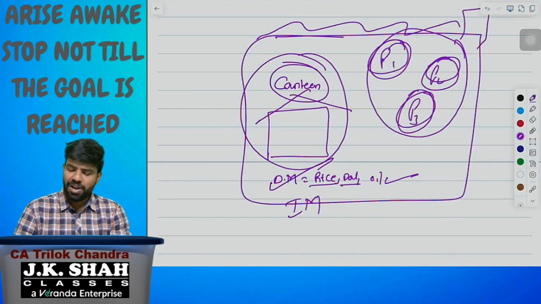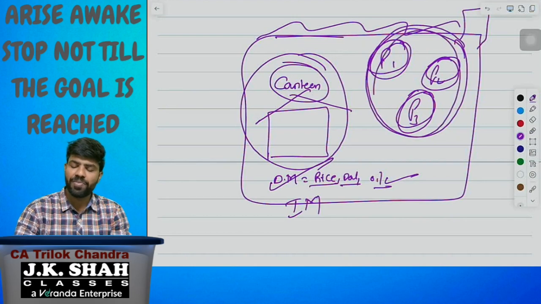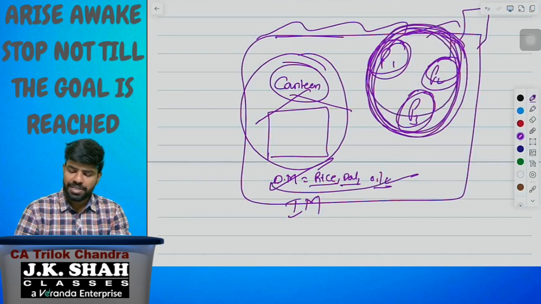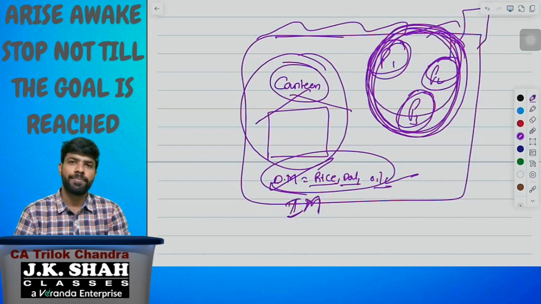According to P1, P2, P3, according to production department, it is an indirect material. This rice, dal, oil, all these things will not form part of the product produced by the production departments, will not be identified in the product. So according to production department, these items are indirect material.